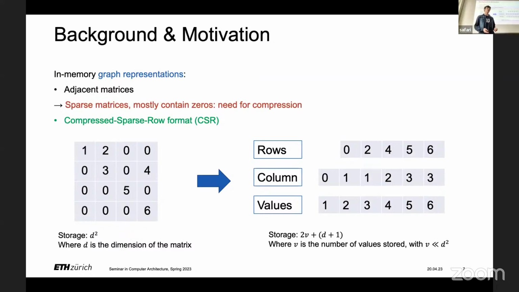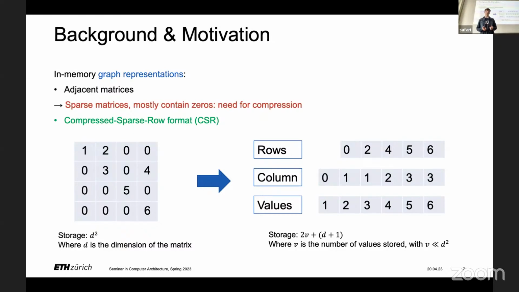So one way to represent these graphs in memory is to use adjacency matrices, but these matrices are going to be very sparse because they mostly contain zeros. So one way to compress them is to use the compressed sparse row format. For example, in this figure, you can quickly see how you can compress a small matrix in just a few arrays by storing just the non-null values.